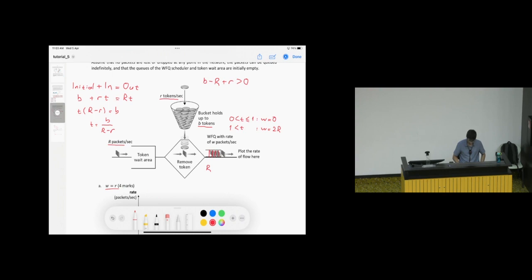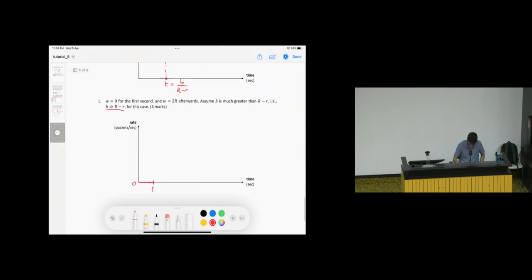So now I need to think what happens afterwards. Because I already have some packets in my queue, and my output rate from that queue is 2R, suddenly my rate will shoot up to 2R.